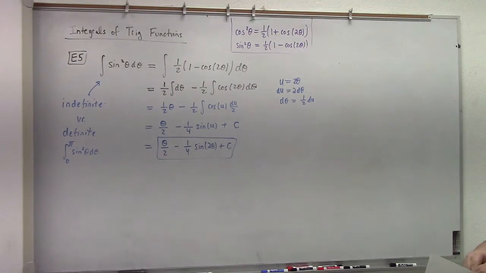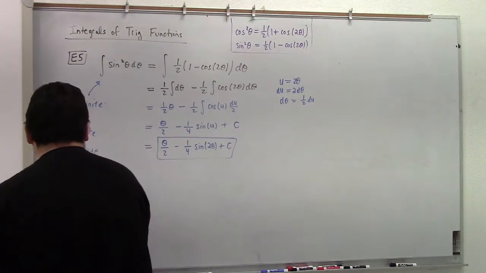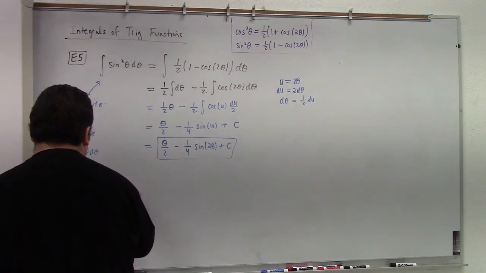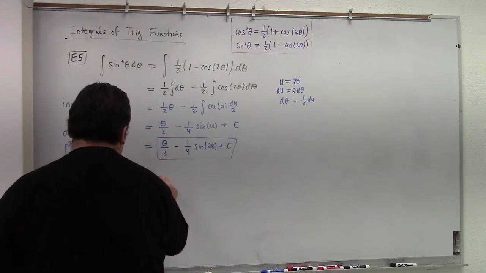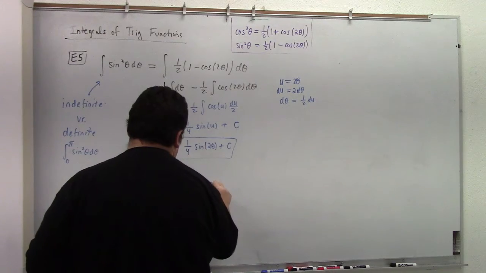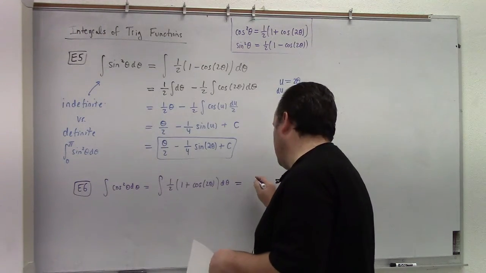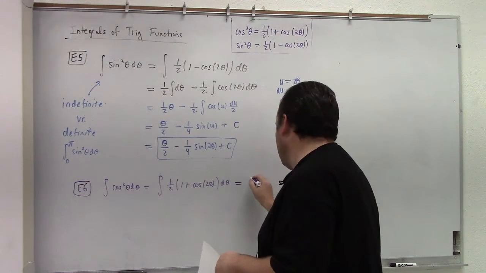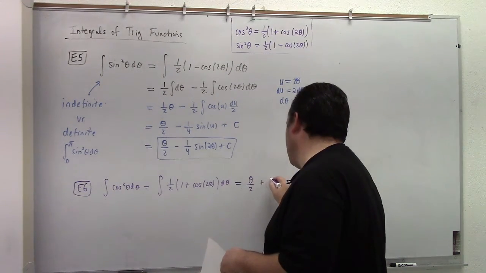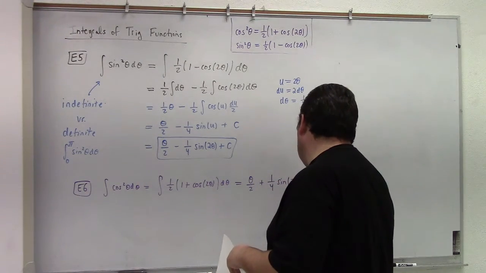How about integral of cosine squared? Well, that's the integral of 1/2 of 1 plus cosine of 2 theta. Right? Which gives us, you'll forgive me for skipping steps, theta over 2 plus 1/4 sine of 2 theta plus a constant.